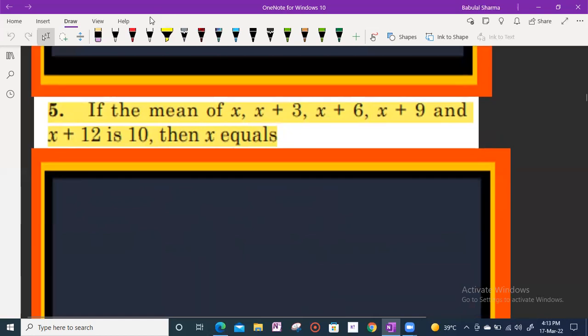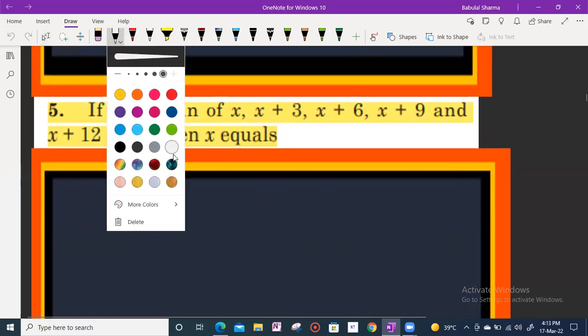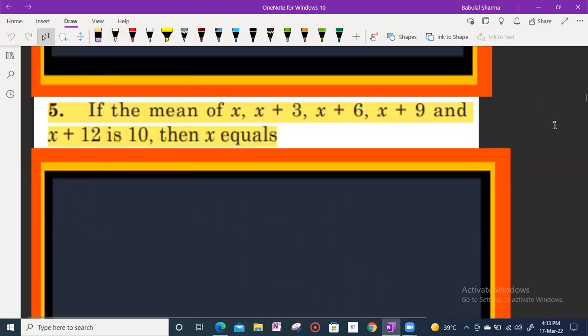Question number 5 says that the mean of x plus 3, x plus 6, x plus 9, and x plus 12 is 10. These are 5 observations.